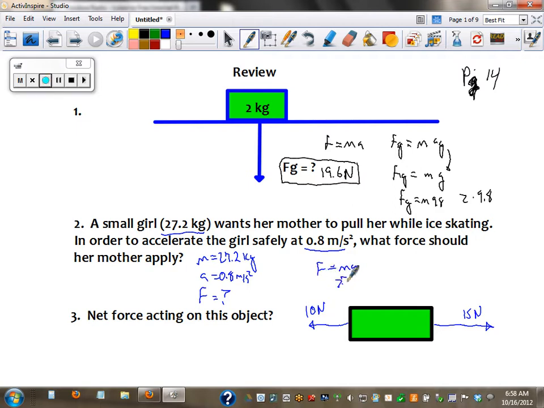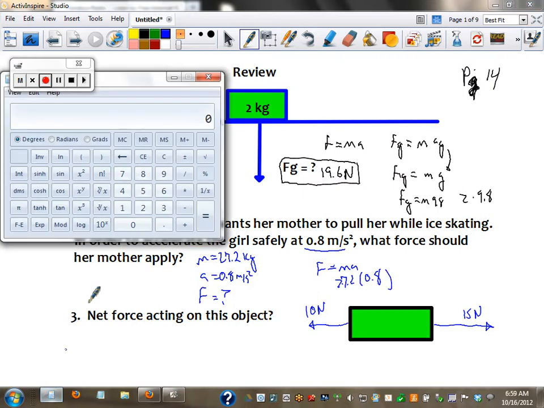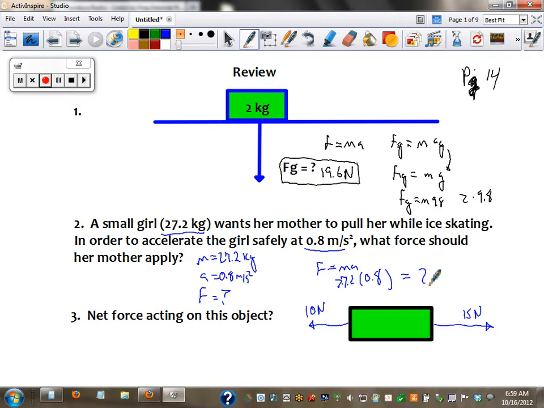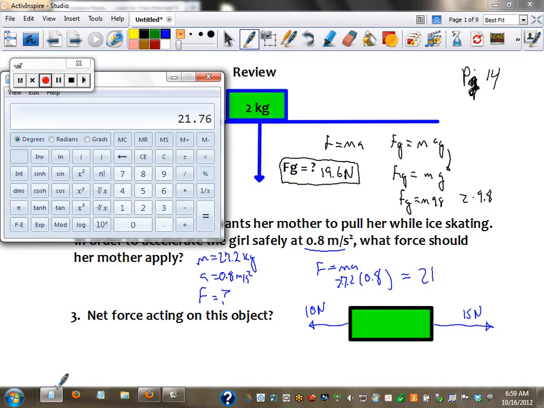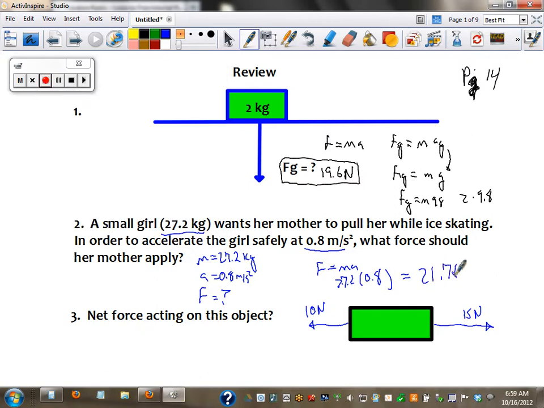Equals mass 27.2 times 0.8. 27.2 times 0.8 equals 21.76 newtons.